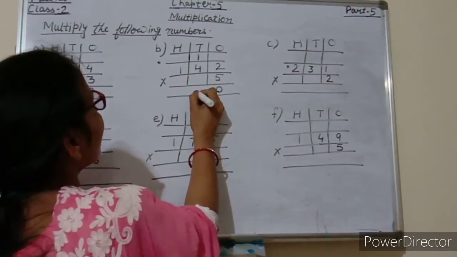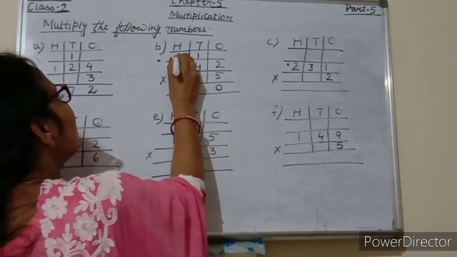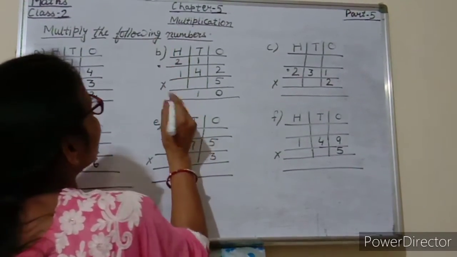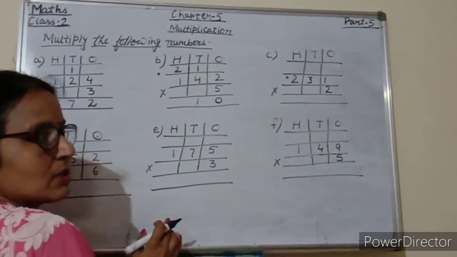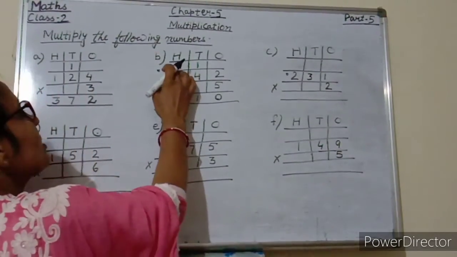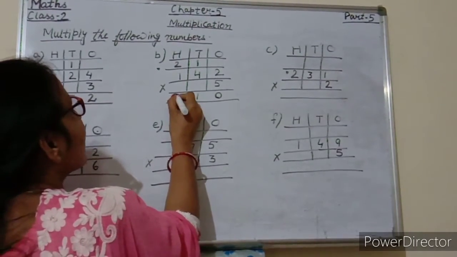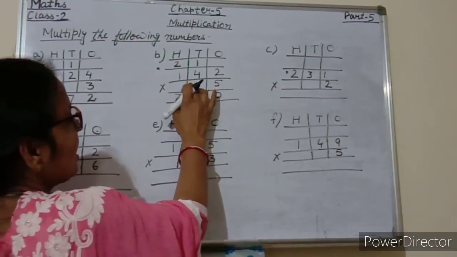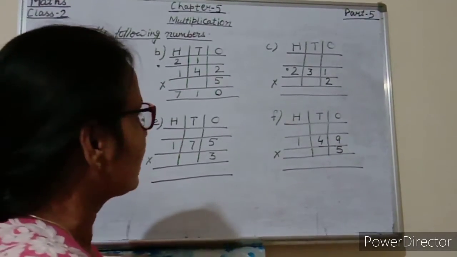So 1 we will write under the tens column and 2 we will write in the 100 place. Now students, 100 into 5 is 500. 500 plus 200, 700. So 7 we will write under the 100 column. So students, 142 into 5 is equal to 710.